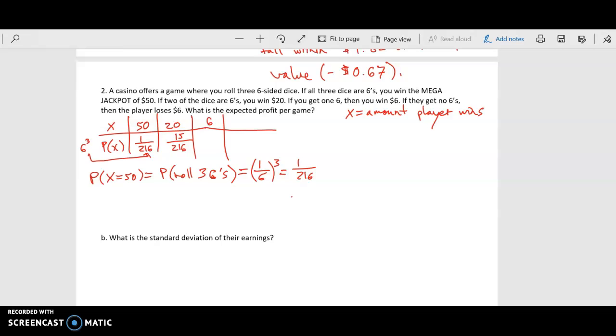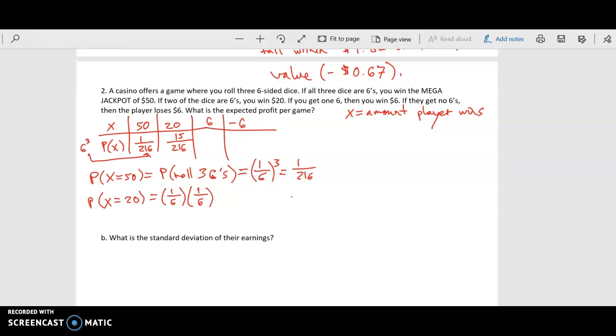The probability that X is equal to 6, let's do this. The probability that X is equal to 20 is equal to 1/6 the first roll, 1/6 the second roll.